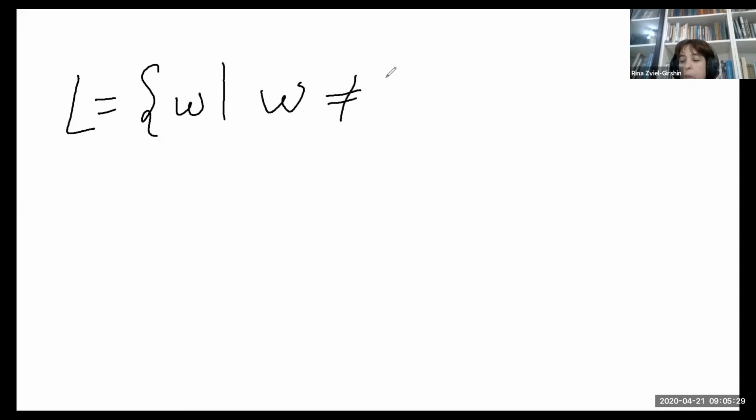But basically, the whole idea of this exercise is that sometimes it is easier for us to solve a complement question. So basically, I am talking about language L that accepts W, where W is not containing substring 110.